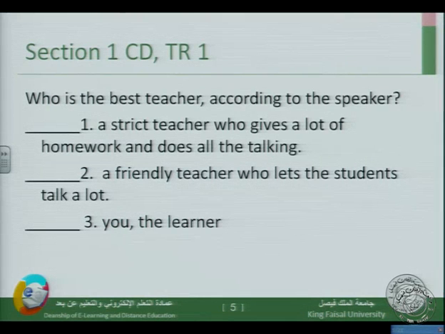Because it's the beginning of the trimester, I'd like to give you some suggestions as to how you can learn English really fast. And most of my suggestions have nothing to do with this classroom. A lot of you told me that you think the most important thing is to come to class every day.